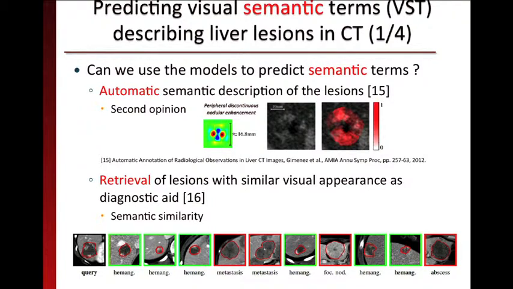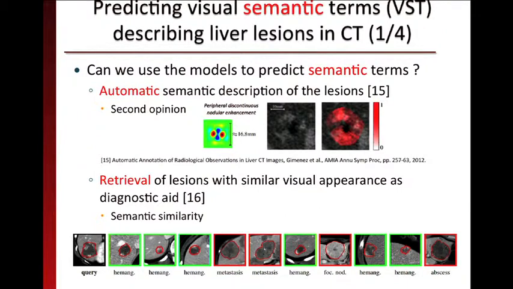So for example, you want to know the diagnosis of this lesion here, you will retrieve all the lesions that have similar semantic terms. And so it can show, okay, this could be a hemangioma, or it could also be a metastasis, so it can also show the span of diagnoses that could occur.